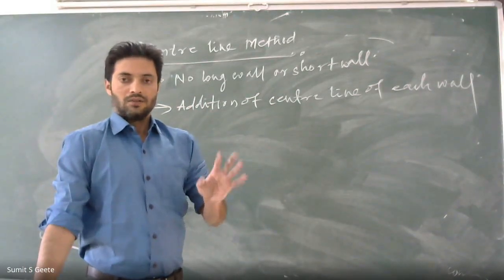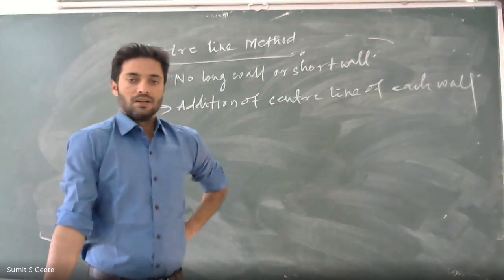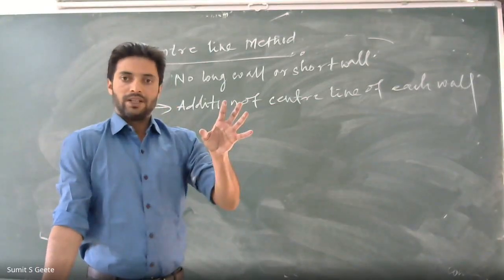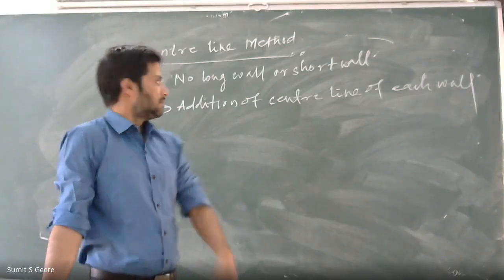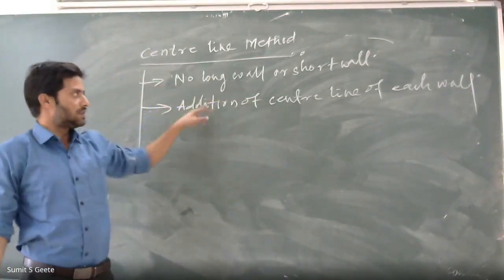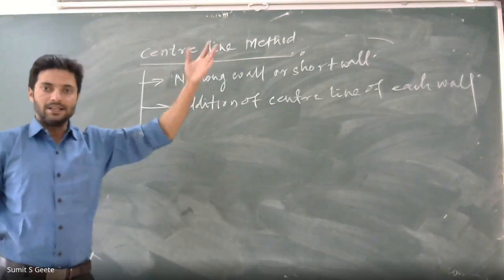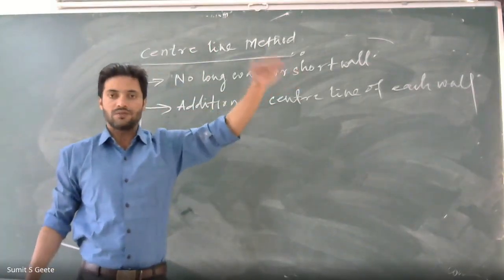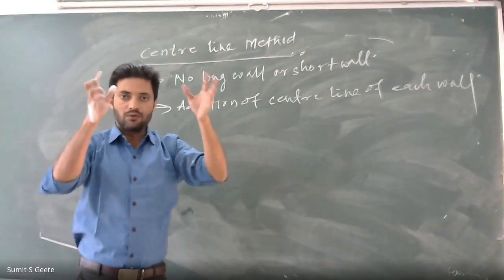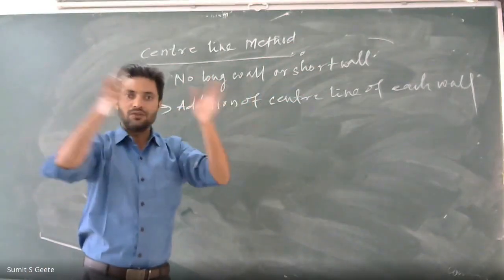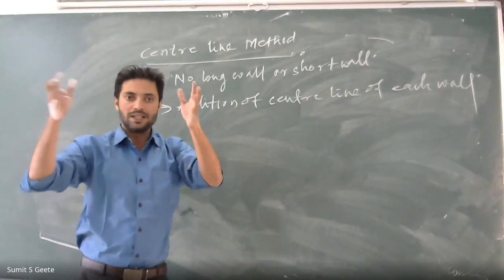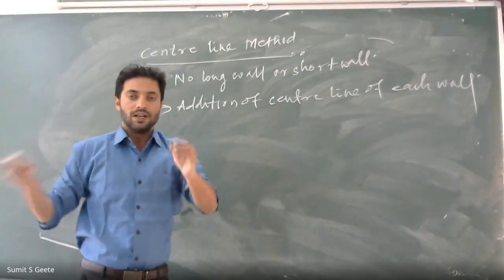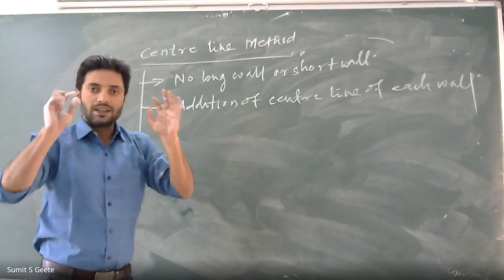Now see, in case of center line method, what exactly we are going to do? There is no any kind of short wall, there is no any kind of long wall. Then second parameter is there is an addition of center line of each wall. But when we are going to do the center line addition of each wall, then remember one thing, the thickness of wall remains same.